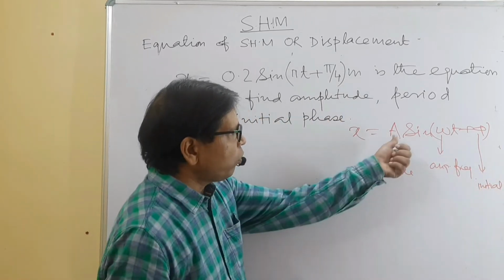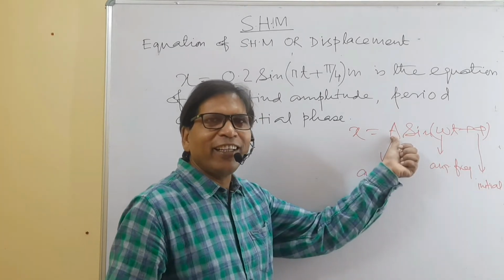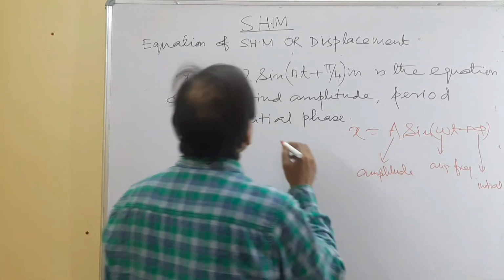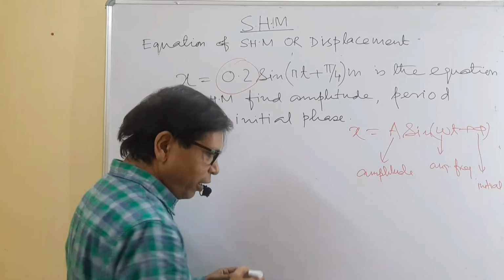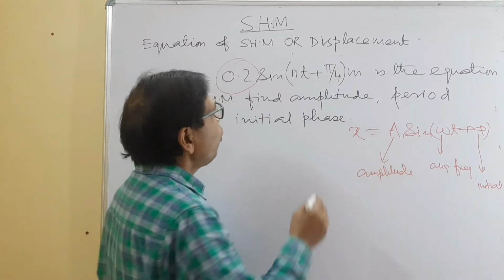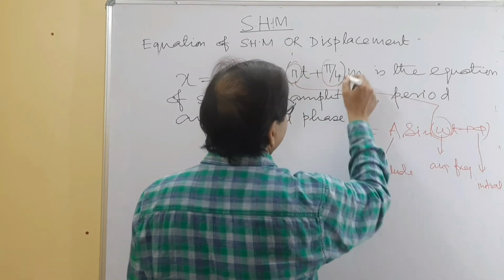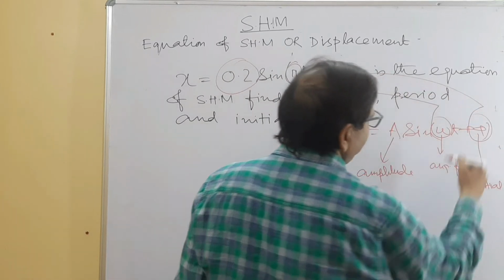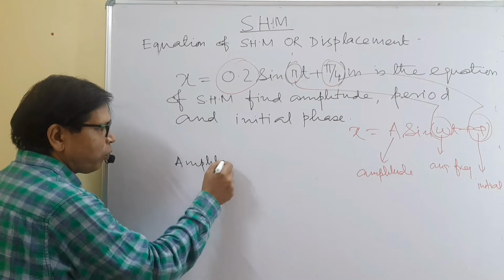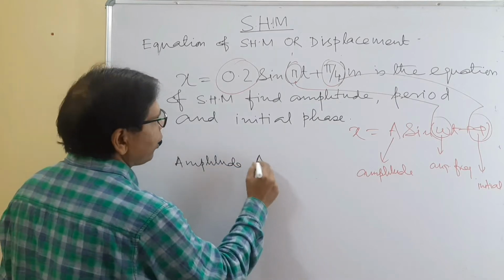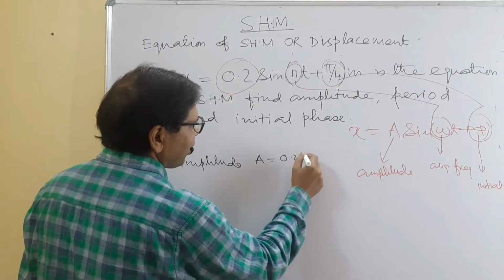Now the coefficient of sine is the amplitude. What is the angular frequency? This is the ω. And what is the initial phase? Initial phase is the φ. Okay, therefore amplitude A equals 0.2 meter.